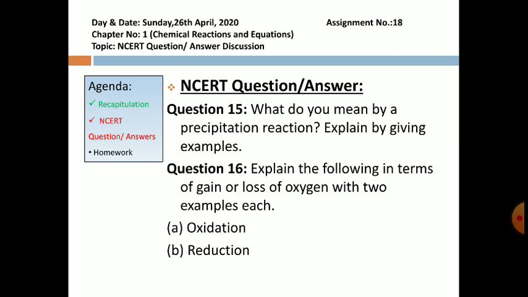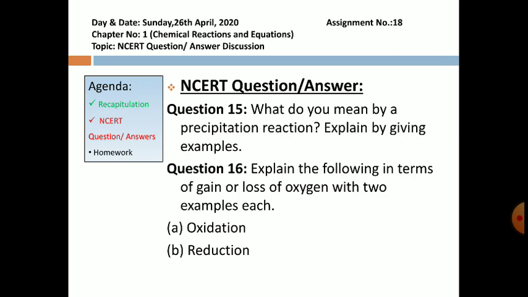Here, oxygen is being removed from carbon dioxide and given to hydrogen. Carbon dioxide is reduced to carbon monoxide. So, which is being reduced? Carbon dioxide. Reduction of carbon dioxide takes place.